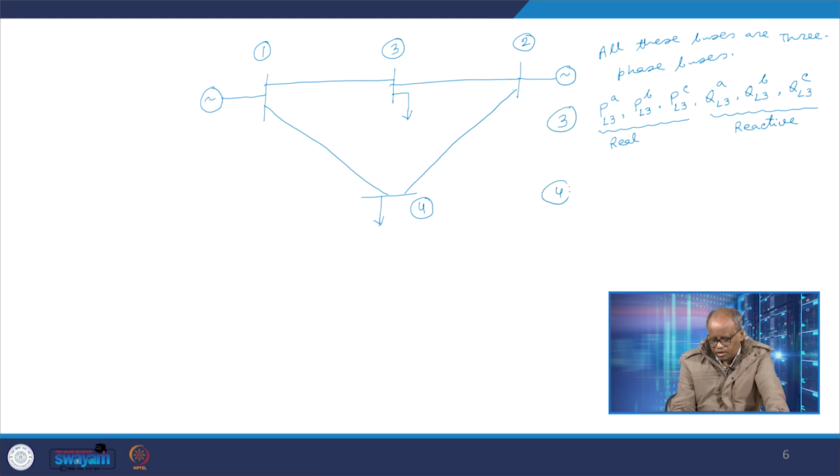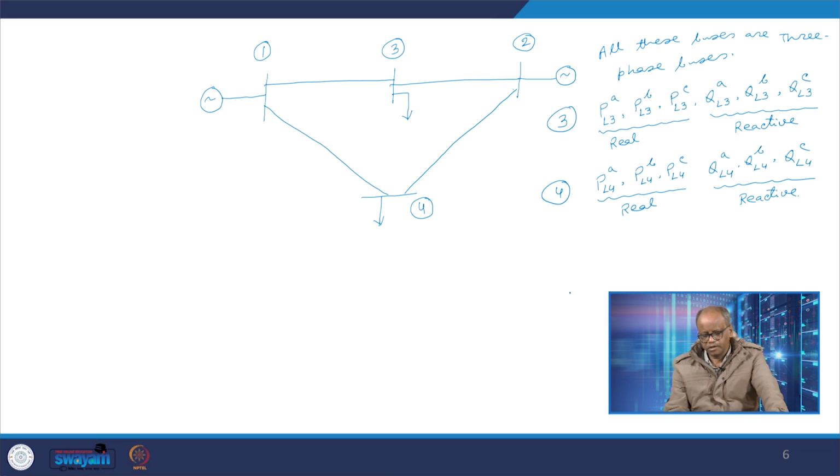Similarly at bus 4 I have loads PL4A, PL4B, PL4C, and then QL4A, QL4B, QL4C. So this is again the real load, and this is again the reactive load. Correct?